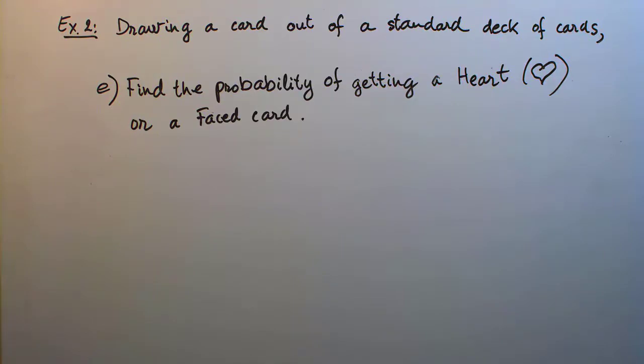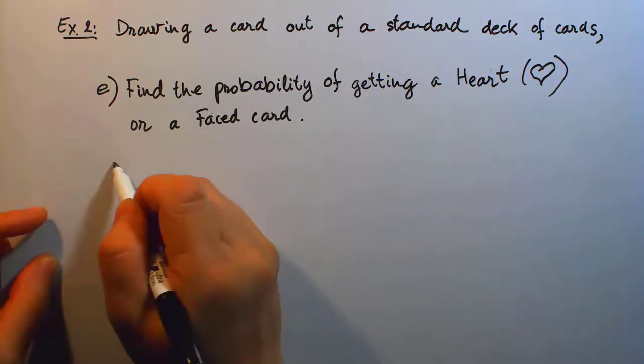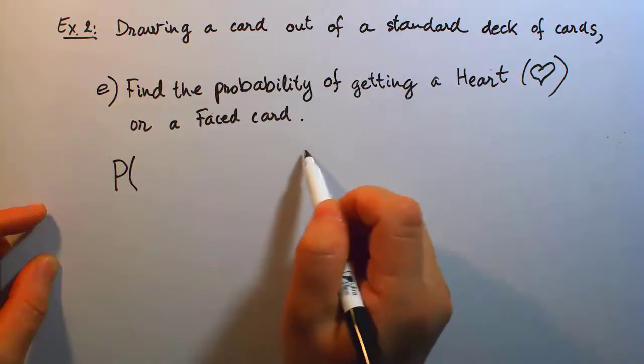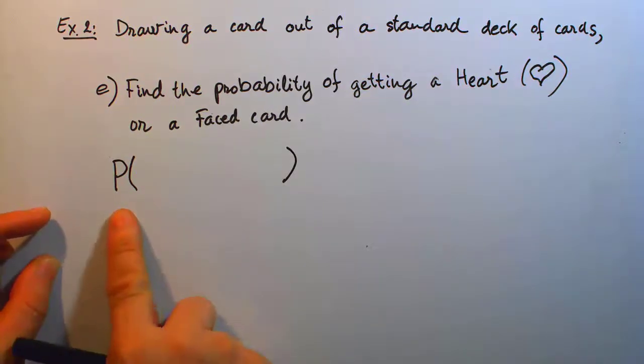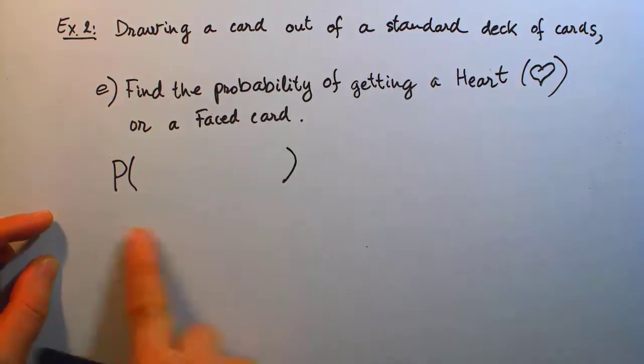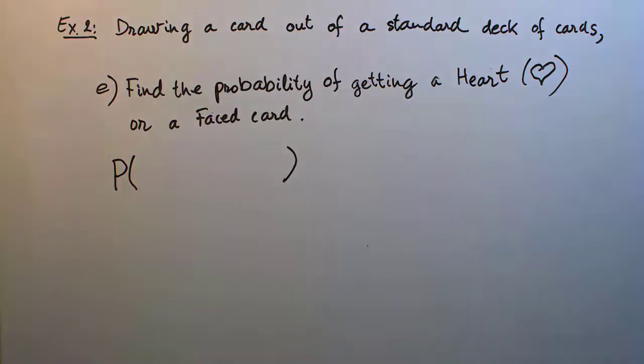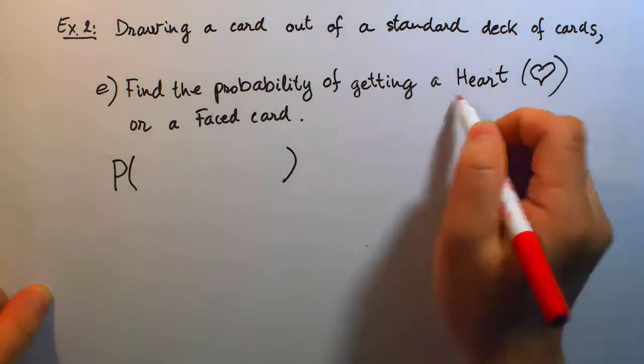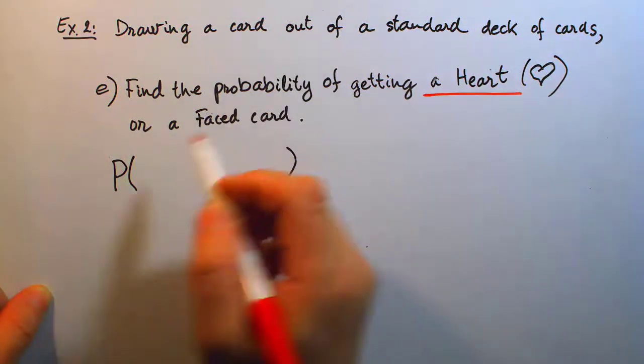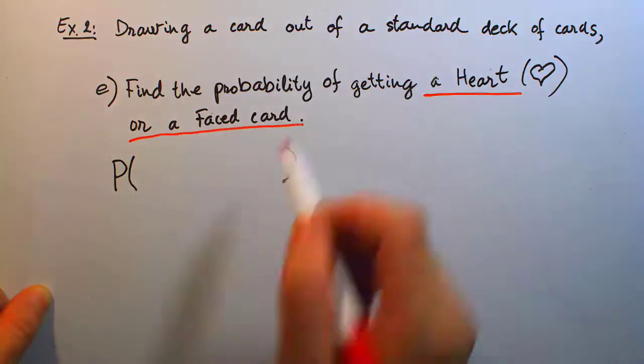Now having done this many times, we can easily put up for ourselves a P in parentheses, the symbolic representation of this question right here. The event is easy to recognize: looking for a heart or a face card.